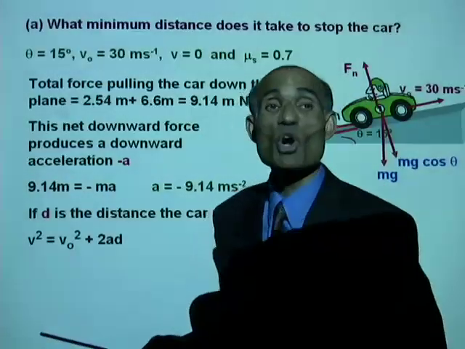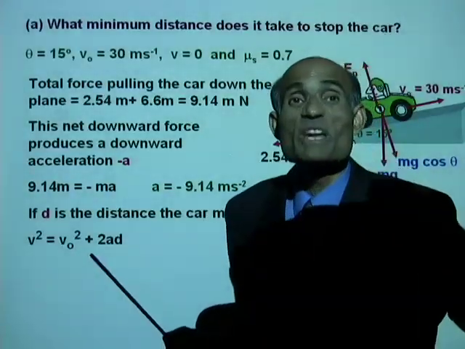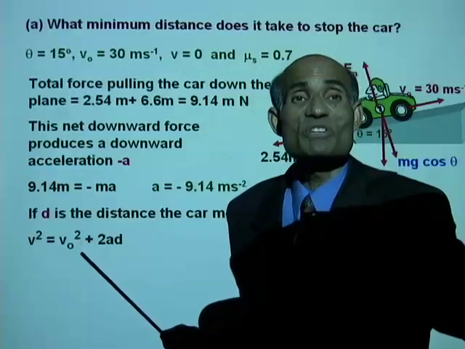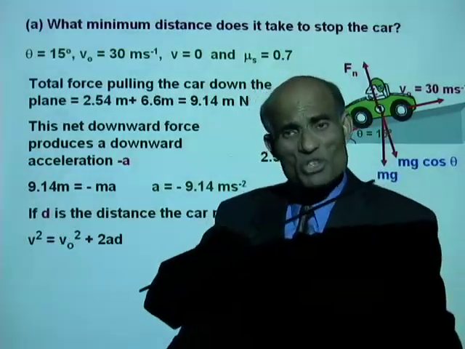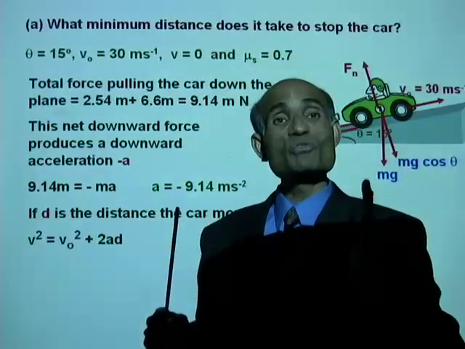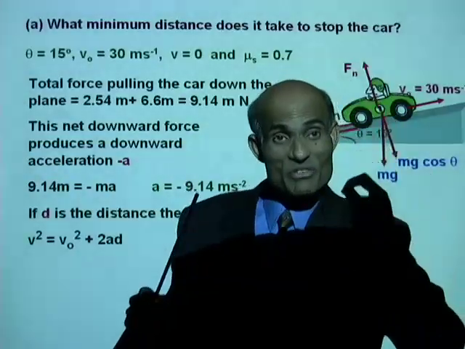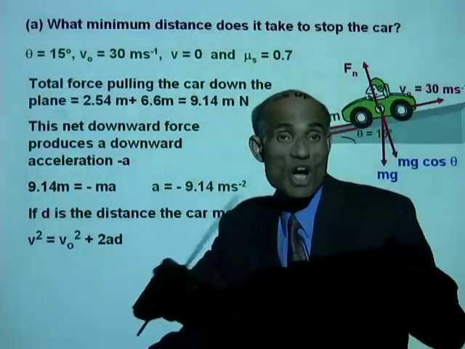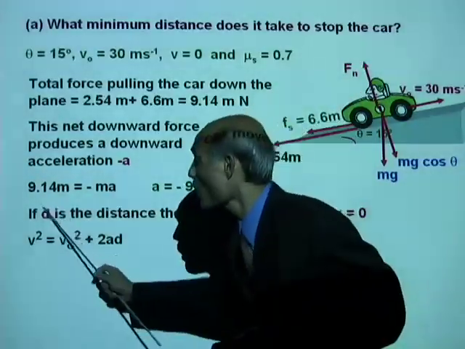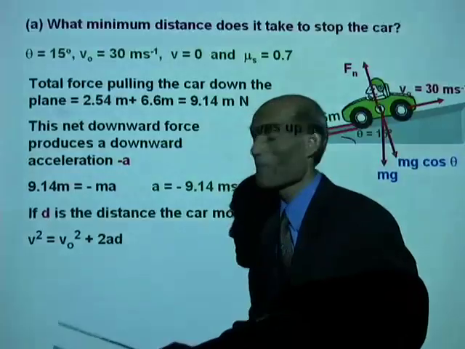Well, normally we call it v squared or vf squared equal to v0 squared plus 2ax if the motion is in the x direction, or 2ay if it is in the y direction. Since the direction of motion is not x or y, we simply call that distance d.